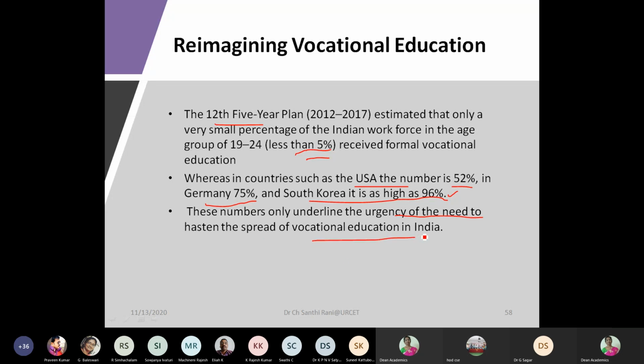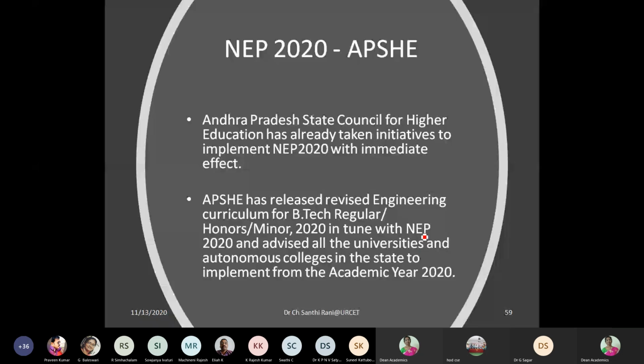I hope I am able to give you some insight into this new education policy. According to the present situation, NEP 2020 and APSCHE, the Andhra Pradesh State Council of Higher Education, has already taken initiatives to implement NEP 2020 with immediate effect.